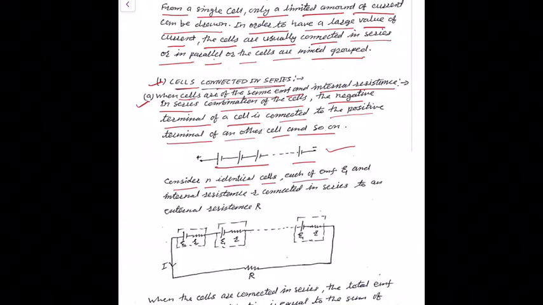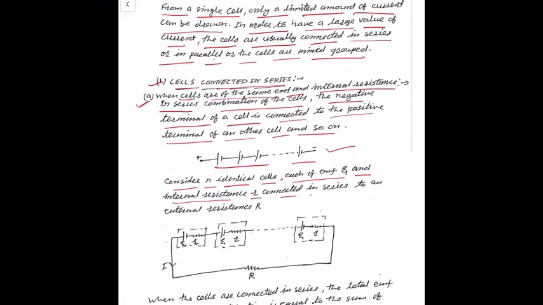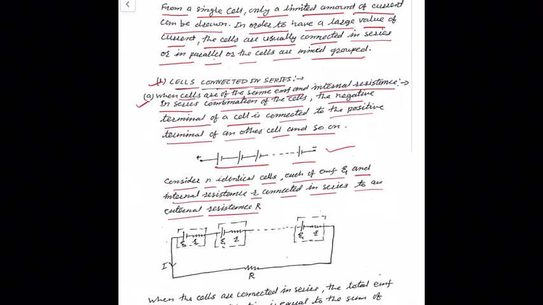Consider n identical cells, each of EMF E and internal resistance r, connected in series to an external resistance R, as shown in the figure.